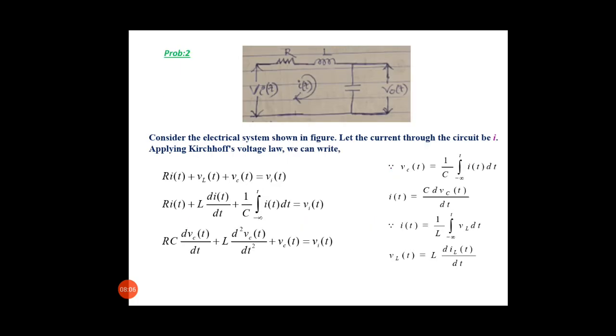Now come to the next circuit. This is the RLC network. In the same way, after applying KVL, we get this input equation: Vi(t) equals R i(t) plus VL(t) plus Vc(t).